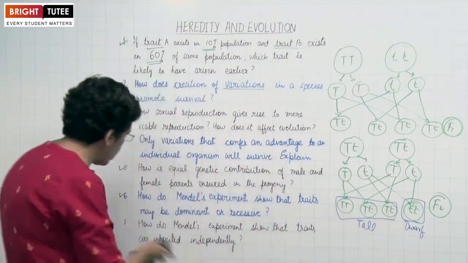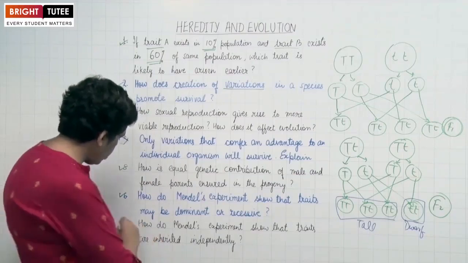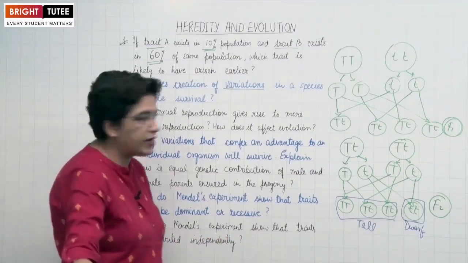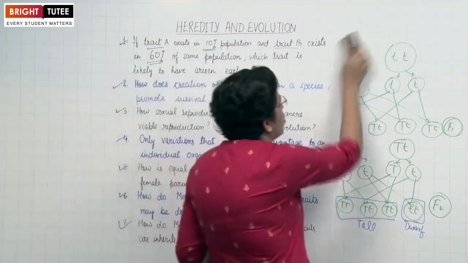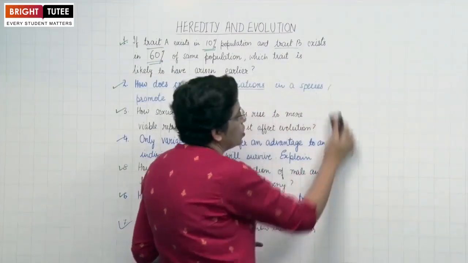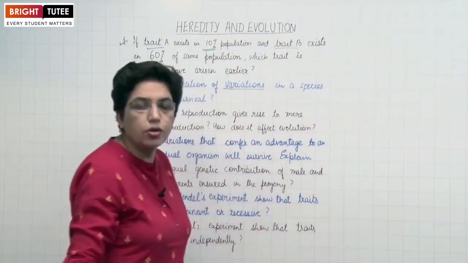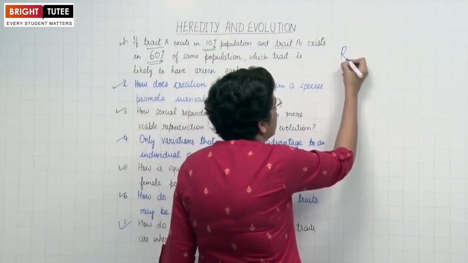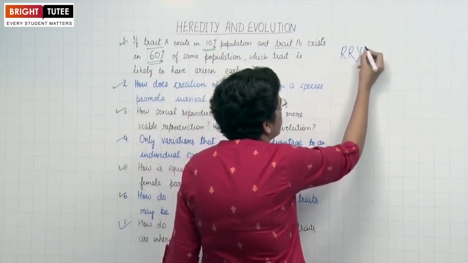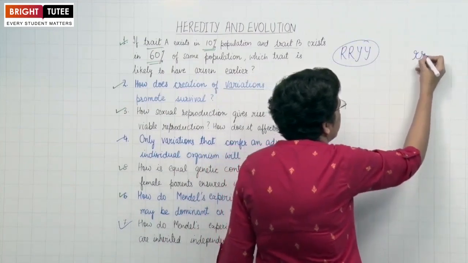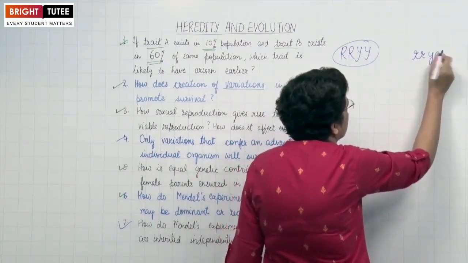Now the next question. How do Mendel's experiments show that traits are inherited independently? Another kind of experiment performed by Mendel was the dihybrid cross, in which he took any two characteristics. Let's take round and yellow. On the other hand, wrinkled and green.